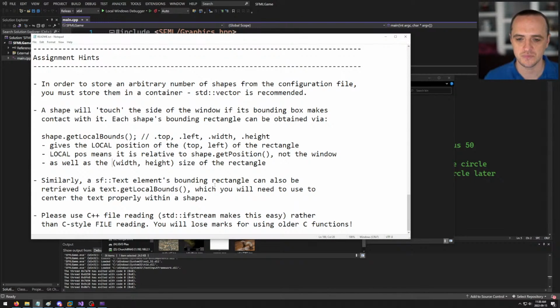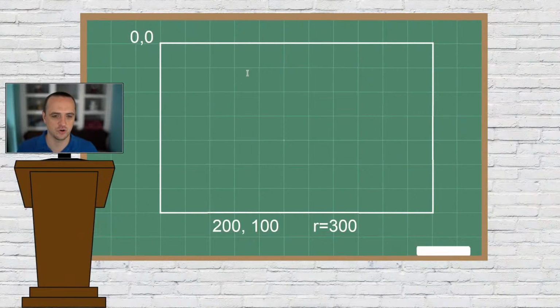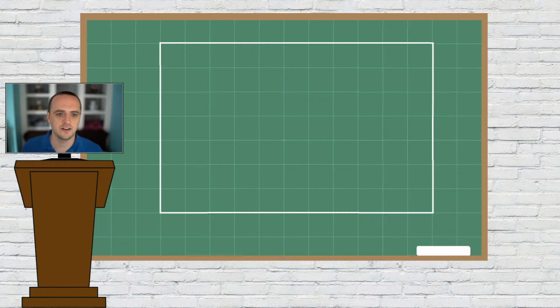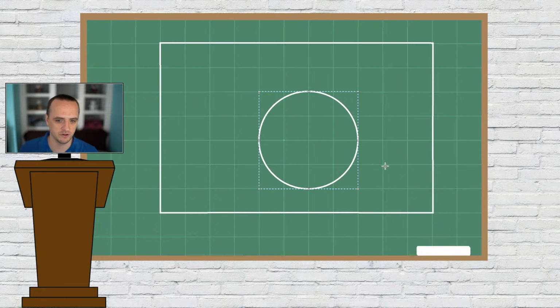Okay, so what in the hell does that mean? Well, let's go back to the blackboard and I'll show you what that means. So we're going to erase a little bit of this. All right, so let's say I do have a circle. Okay, so this circle here has a radius of 200. If I ask SFML, what is the position of that circle, it will give me this XY location.